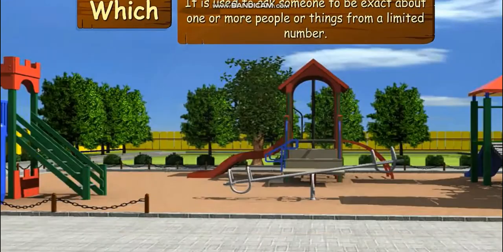Which is used to ask someone to be exact about one or more people or things from a limited number. Which is used when you want to know exactly what you want. For example, if your mother asks you to bring a dress from your cupboard, what question are you going to ask her?